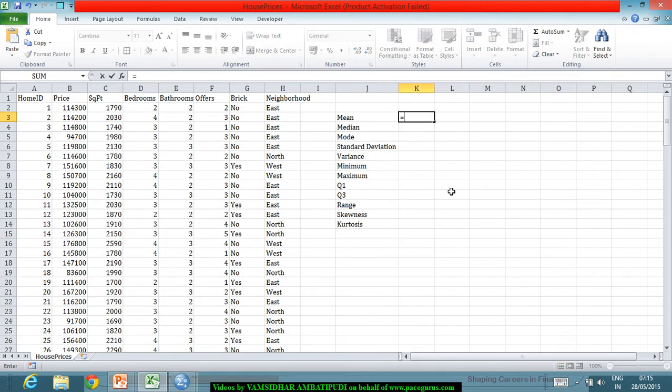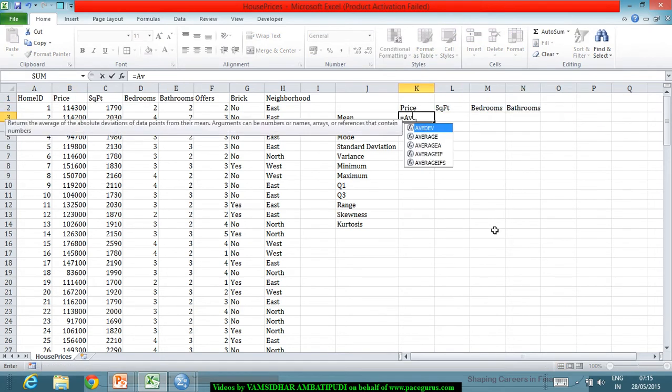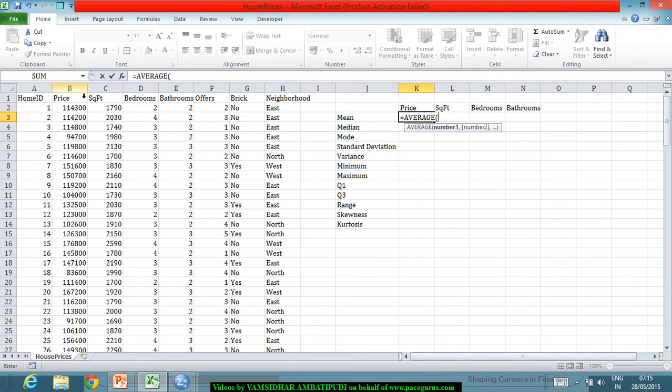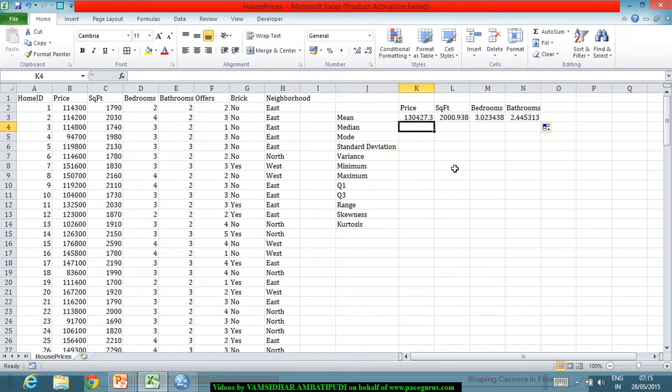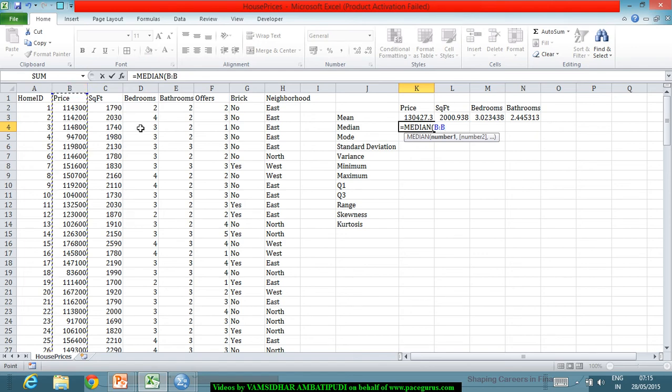So again, let's say we are doing this for these 4 elements. Mean comes with a formula of average. This is the mean for all of these. Then median comes with a formula of the median itself.